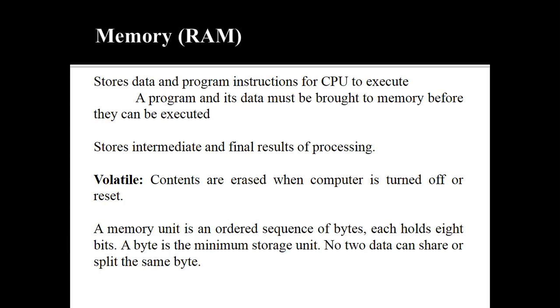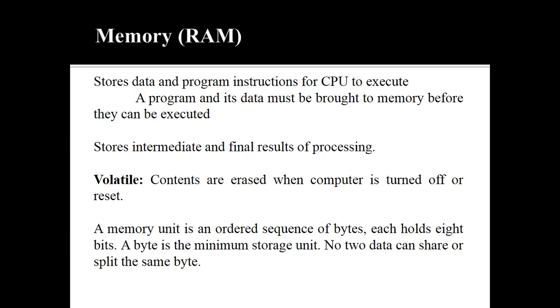A memory unit is an ordered sequence of bytes. Each holds 8 bits. If a byte is the minimum storage unit, no two data items can share or split the same byte. Basically, the smallest storage unit in a computer is known as a byte, and each byte has 8 bits.